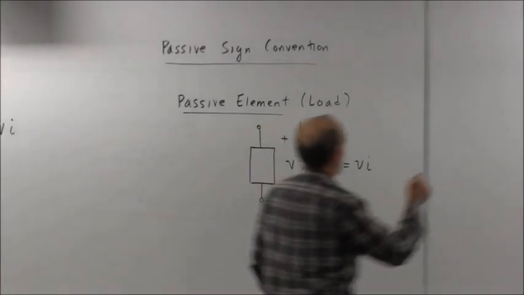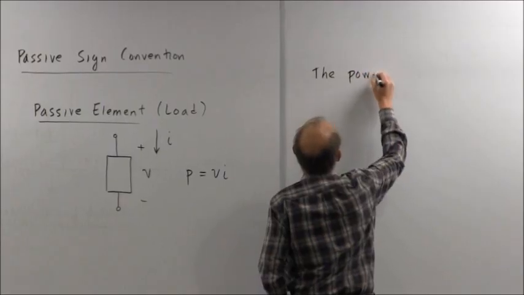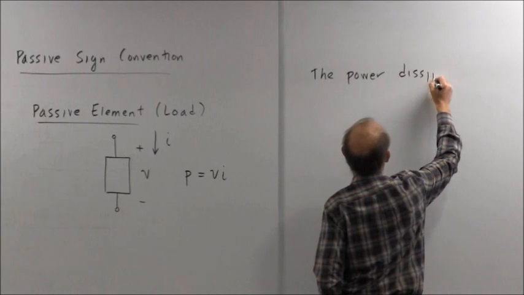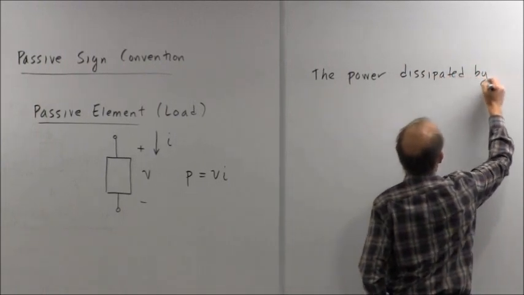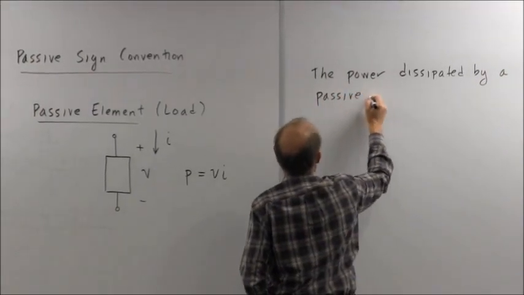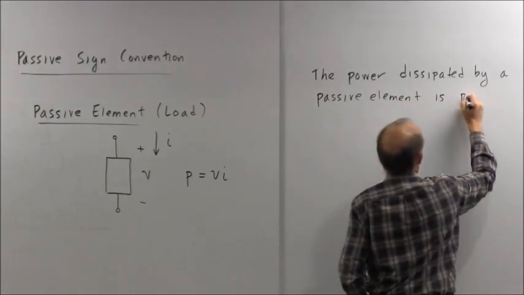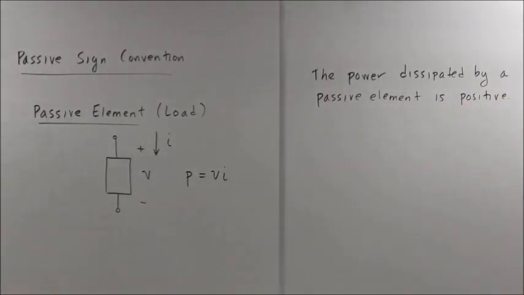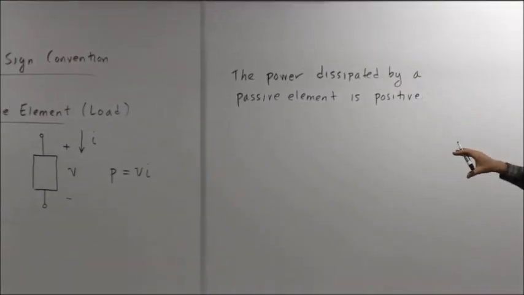And then I just want to emphasize the interpretation: the power dissipated by a passive element is positive. So that's the first half of the sign convention.